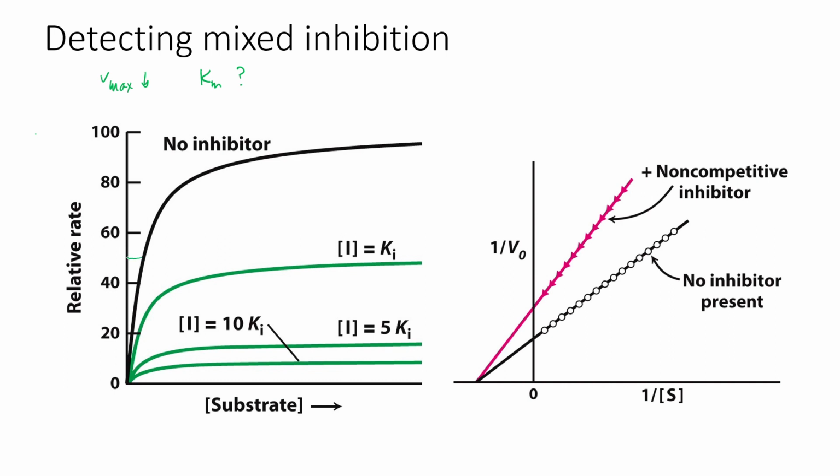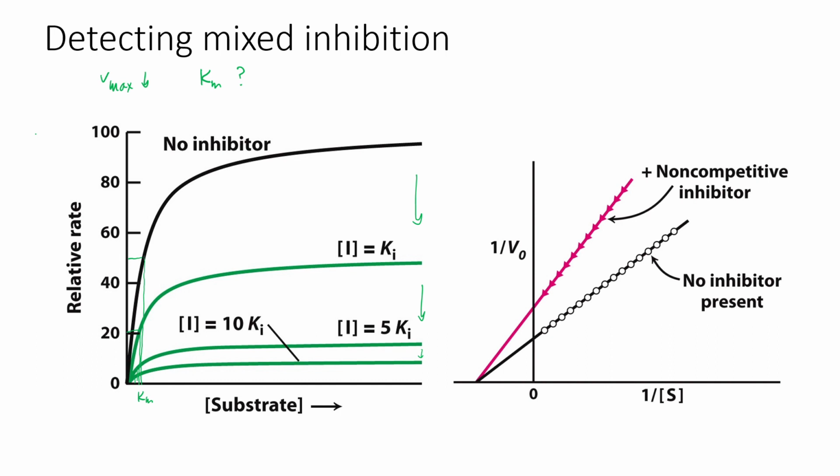So our uninhibited reaction, our Km, is going to fall right around here at our 50% reaction rate. But for our other curves, again, it's really hard to see what's happening here with the Km, similarly to how difficult it was to see that with our uncompetitive inhibition. So for our next line down with the inhibitor, maybe it falls around here, maybe this one is falling around here. But it's hard to see what's going on with this Michaelis-Menten plot. But it is still pretty easy to see that our Vmax is decreasing as we add more and more inhibitor.